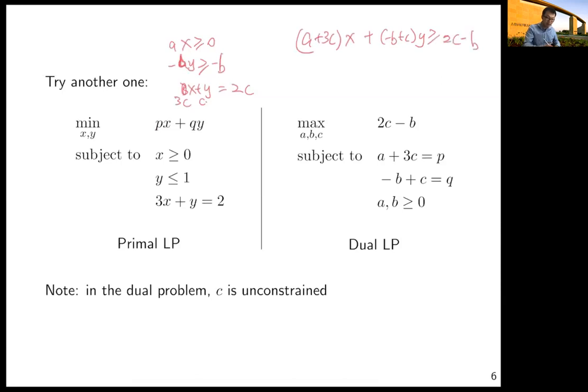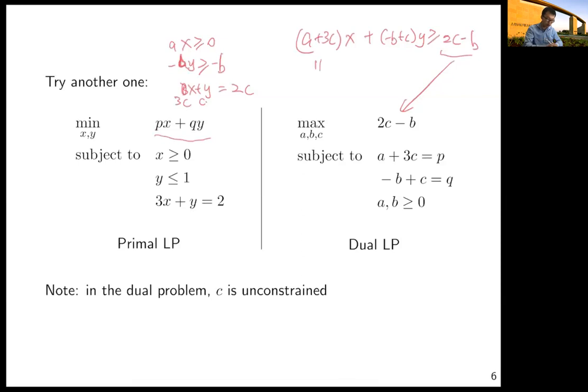Okay, and then let's put this in the objective function. So this is the lower bound that we try to maximize over these quantities. And then we want to make sure that this left hand side corresponds to exactly the primal objective.